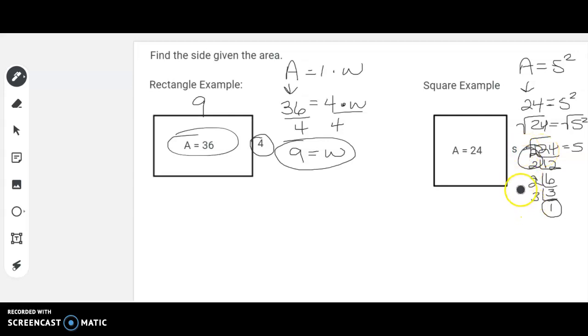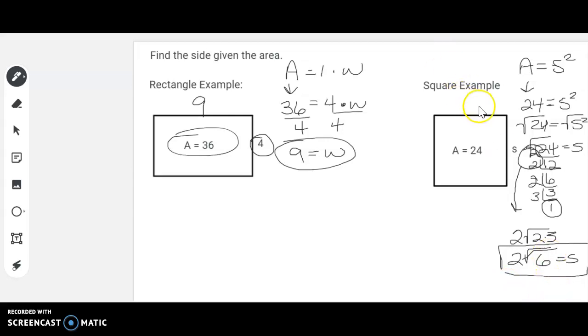So I have one group of 2, and these 2 and 3 do not have a group of 2, so they stay. So this 2 gets to come out. These stay in, and you multiply them back together. So I get 2 square root of 6. That's my missing side, 2 square root of 6.